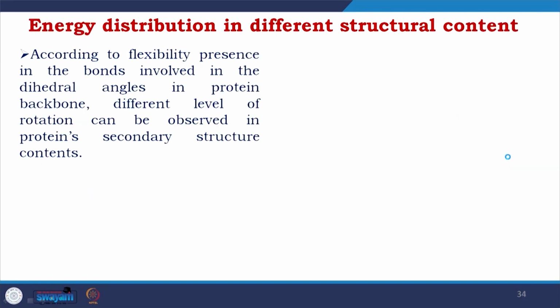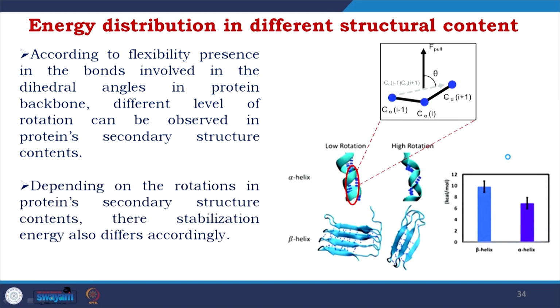According to the flexibility present in the bonds involved in the dihedral angles in the protein backbone, different levels of rotation can be observed in protein secondary structure content. Depending on the rotation in protein secondary structure content, the stabilization energy also differs. So, when you are considering those secondary structures, it's alpha helix and beta sheet.